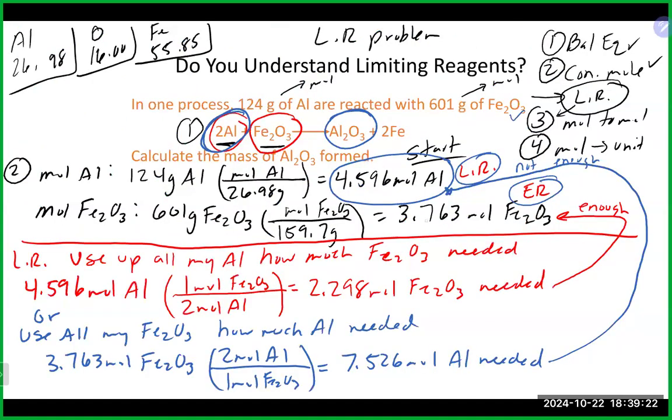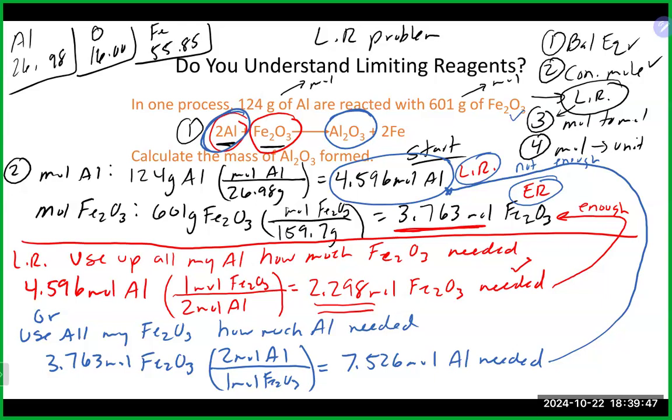We know that the iron 3 oxide is our excess reagent, and we are starting with 3.763 moles of it. Based off of our limiting reagent calculations, if we chose the first one, we know how much we need of it, which is 2.298.